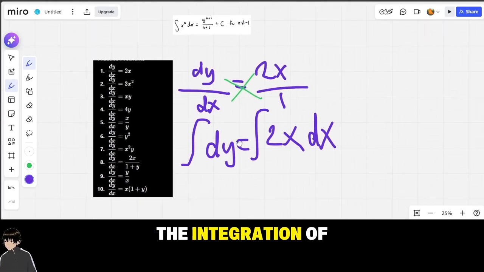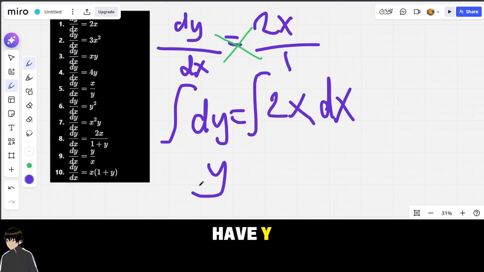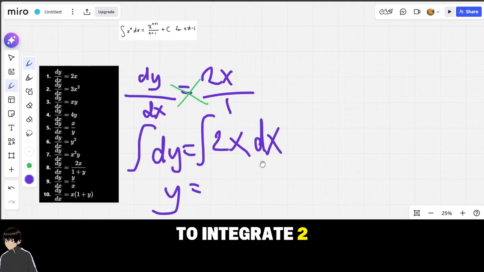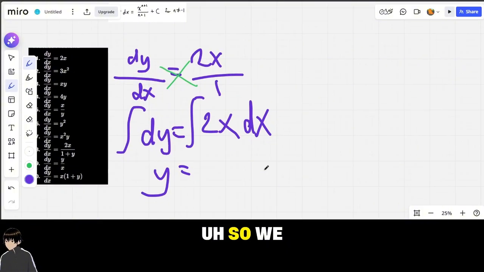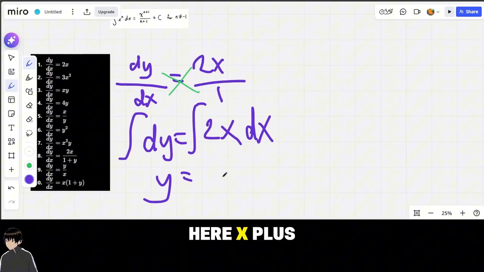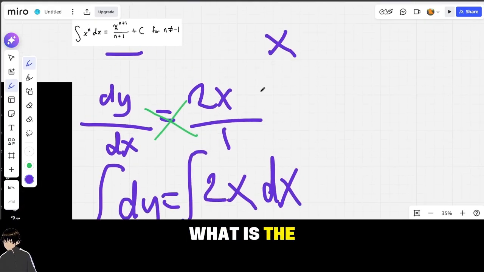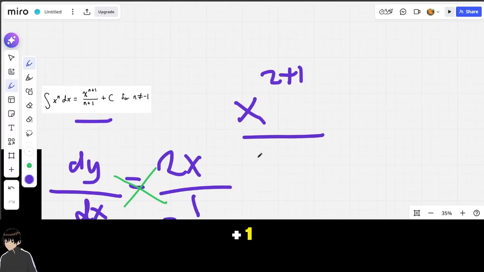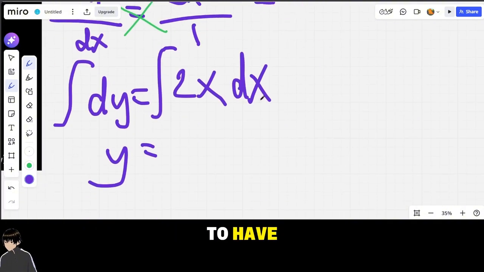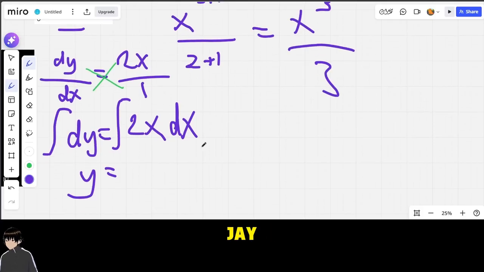So what is the integration of dy? Well, obviously we're just going to have y. Now we have to integrate 2x. So we just have to use the IPR. If we use that, we have x to the n plus 1 over n plus 1.